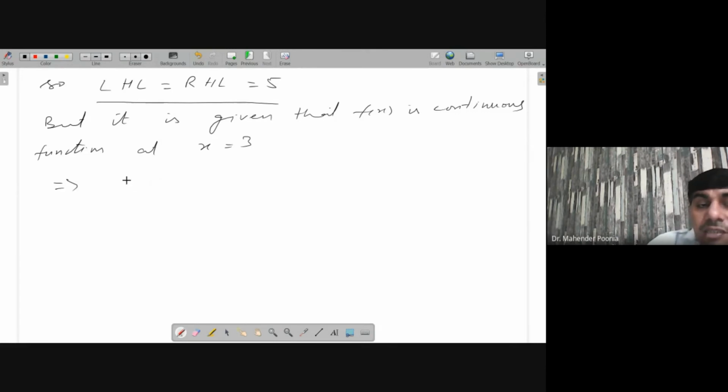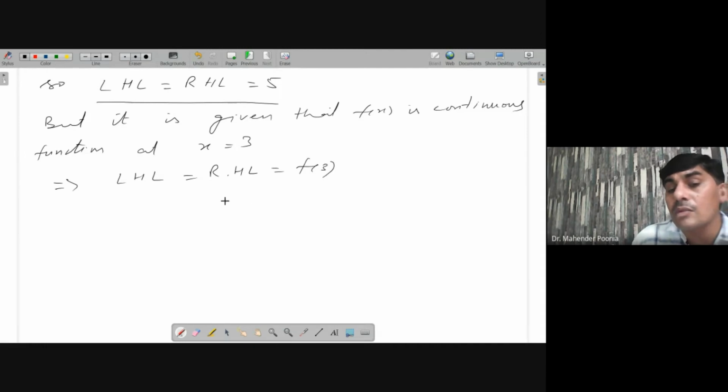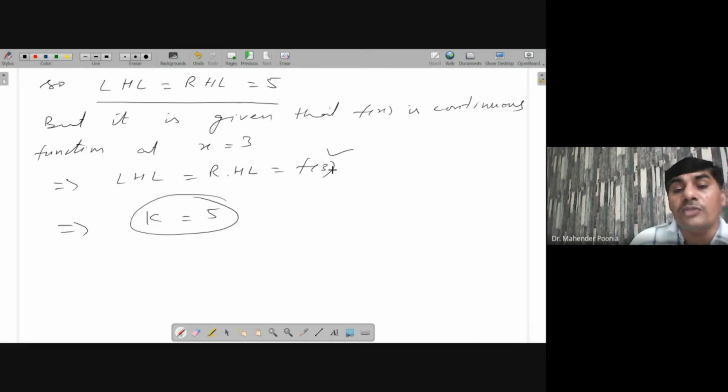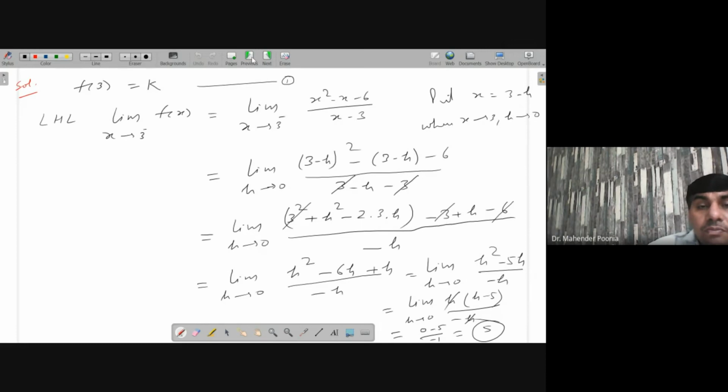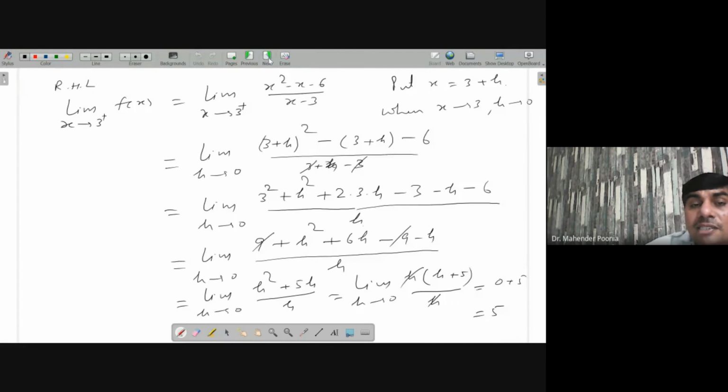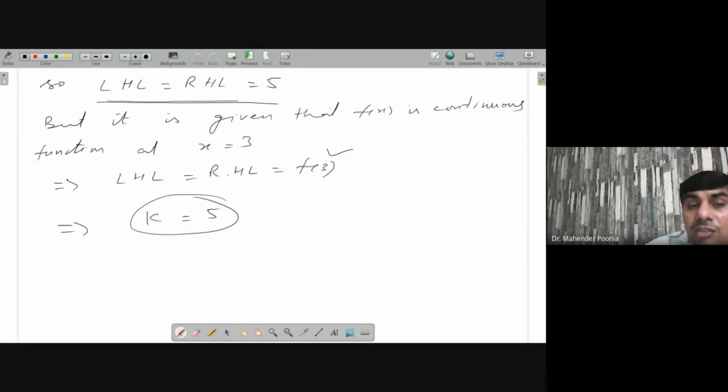This implies, by the definition of continuity, we have left hand limit is equal to right hand limit is equal to f of 3. Now, this implies k is equal to 5, because from equation 1 we have f of 3 is equal to 5, and left hand limit is equal to right hand limit is 5.